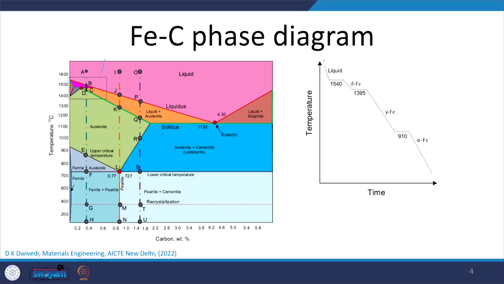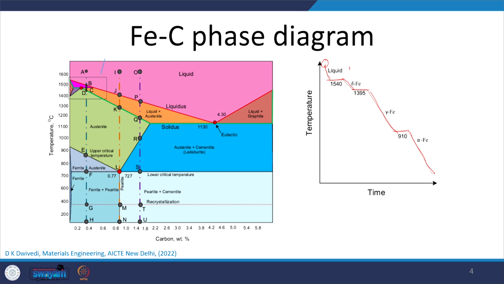Iron in the molten condition, as soon as the temperature starts coming down to around 1540 degrees centigrade, solidification starts in case of pure iron. Initially it forms delta iron, delta ferrite, then the delta ferrite will convert into austenite, and then austenite will convert into alpha ferrite. This is how the changes occur, and there are three stages.